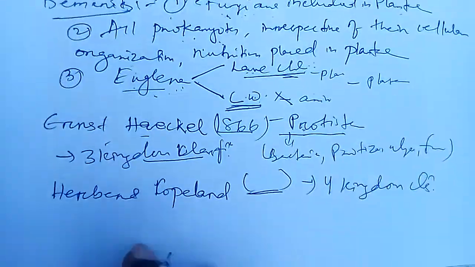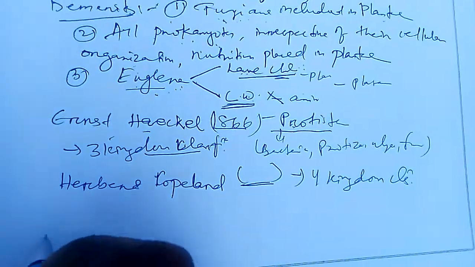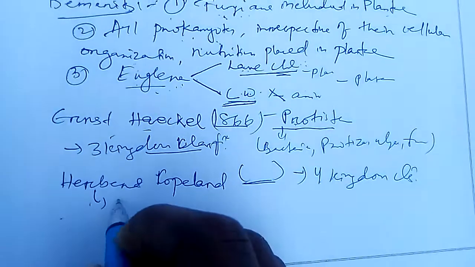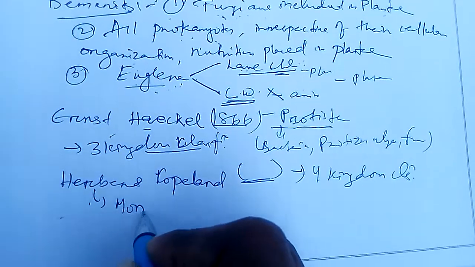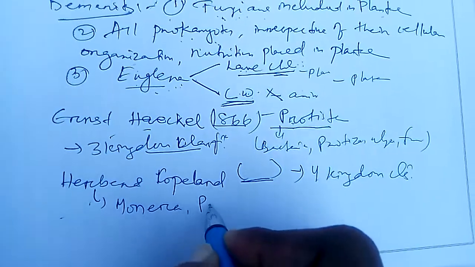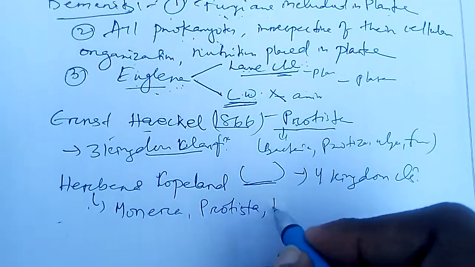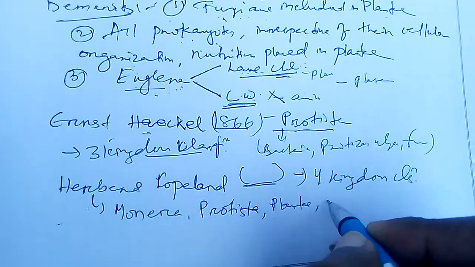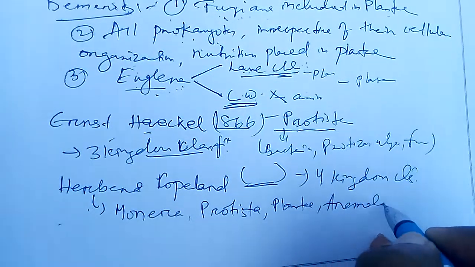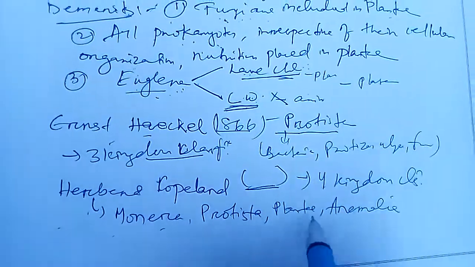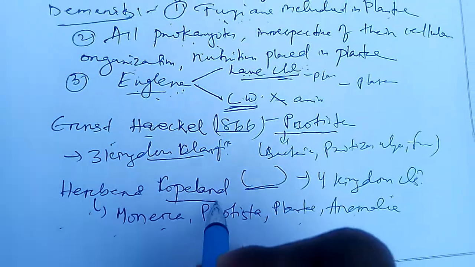In these four kingdoms, he included Monera, M-O-N-E-R-A, Protista, Plantae and Animalia. So these are the four kingdoms proposed by Herbert Copeland.